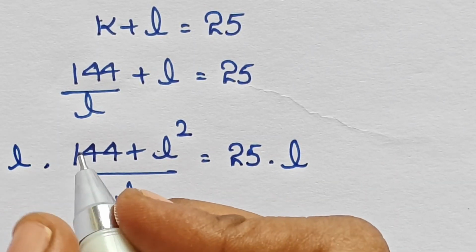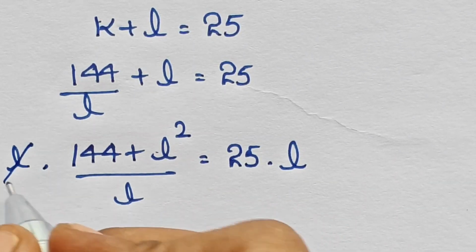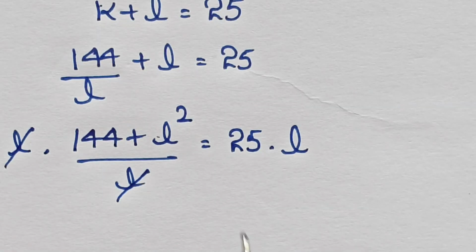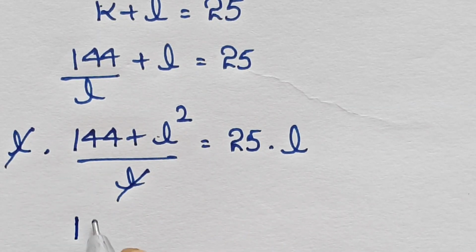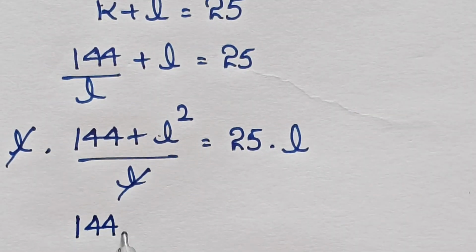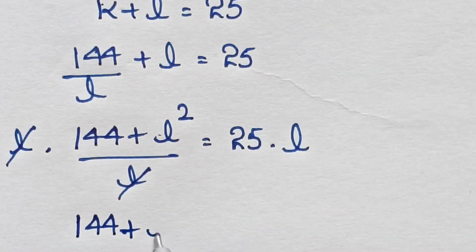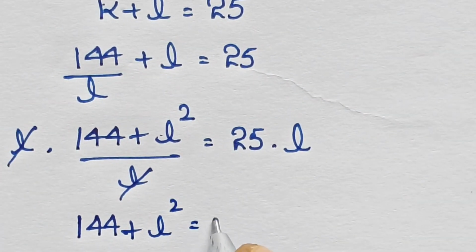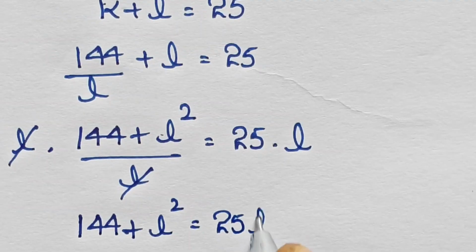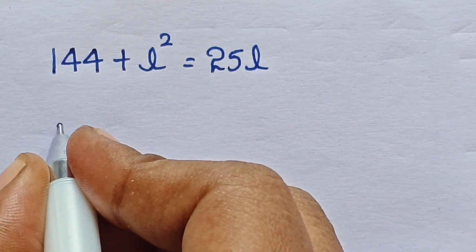Both sides multiply by L, L cancels. 144 plus L square is equal to 25L.